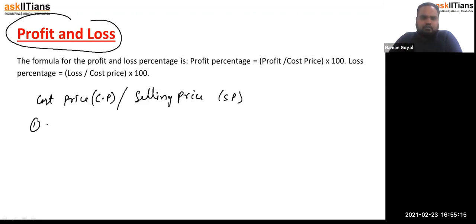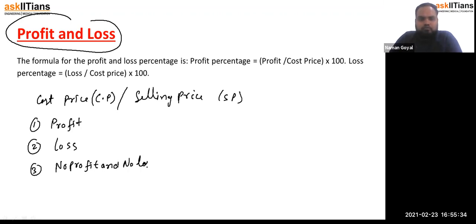Now there are three conditions. First, if he makes a profit. Second, if he makes a loss. And third, if he makes no profit and no loss. There are three possibilities, right?